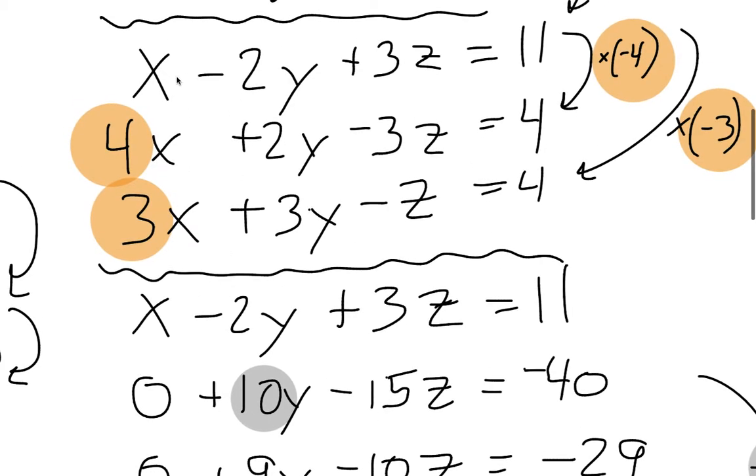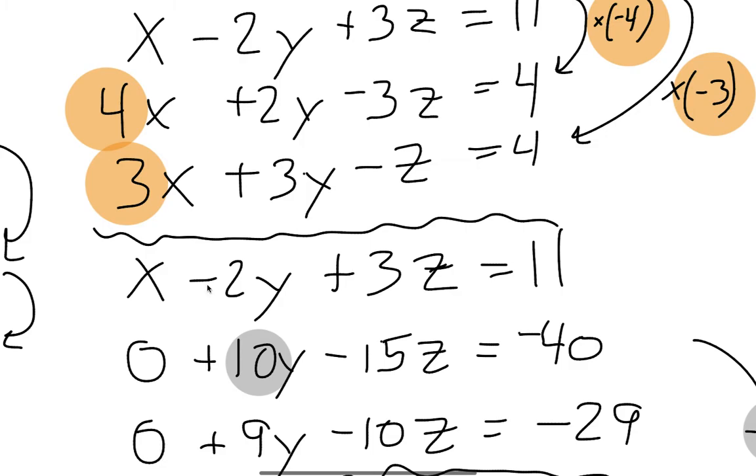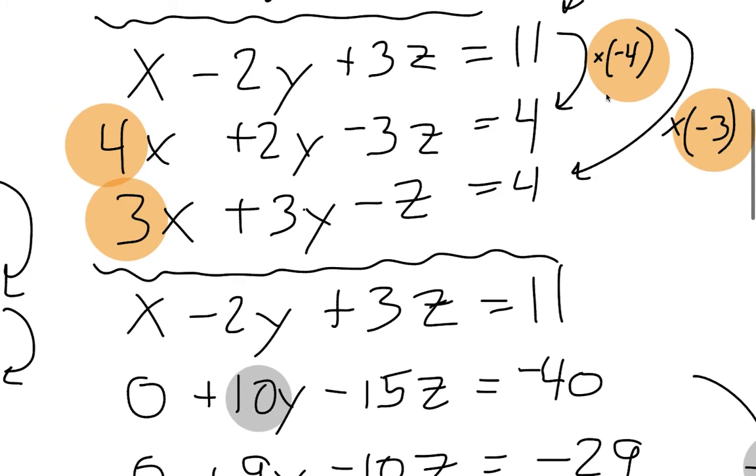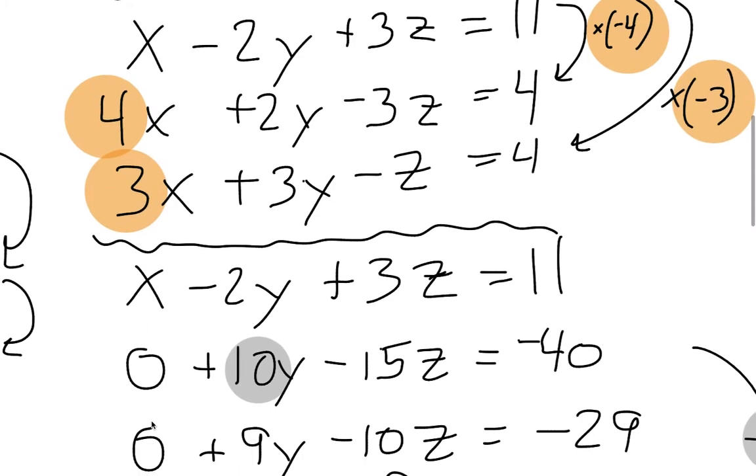Third line. Okay, so I'm going to take this x and I'm going to multiply it by negative 3. Why? To create a 0 here. If this top equation is multiplied by negative 3 and added to the bottom equation, this is x times negative 3 plus positive 3x is 0.